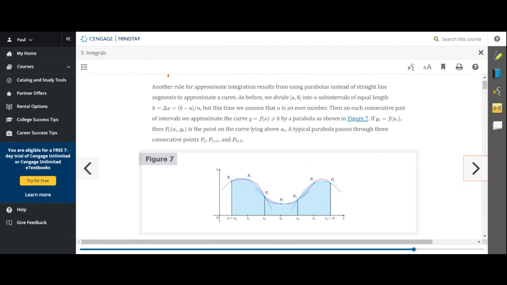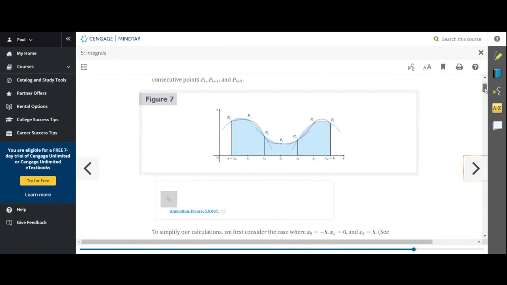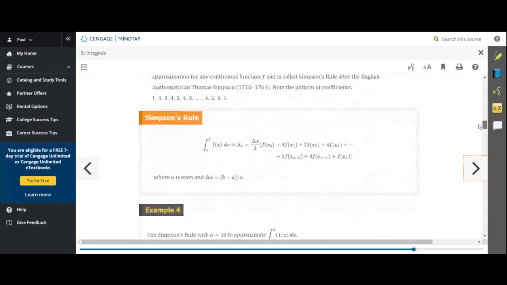It can be done. And parabolas usually approximate curves better than line segments. So this is Simpson's rule, another way to approximate the area under a curve. These are all approximation techniques to approximate definite integrals.